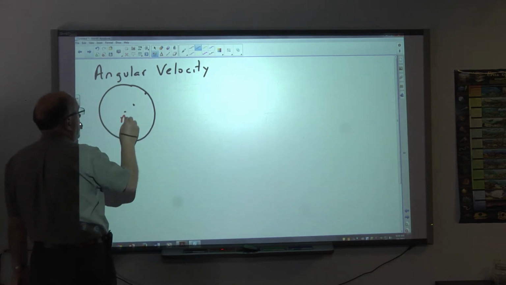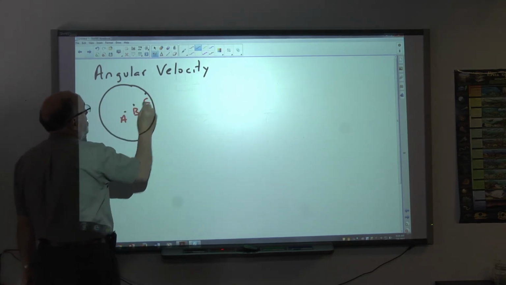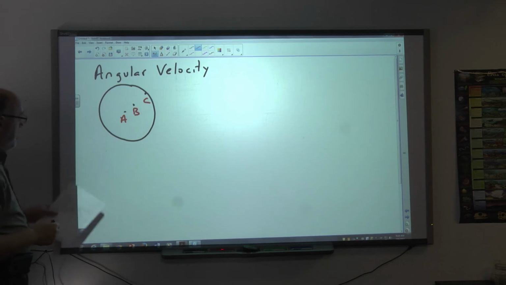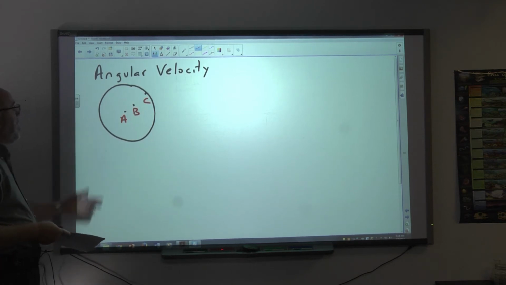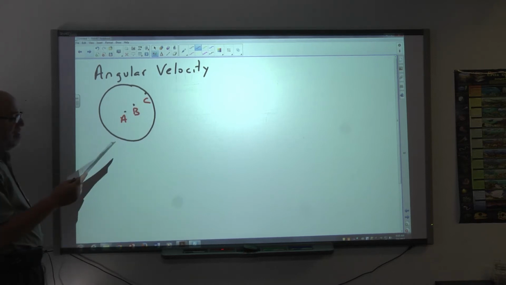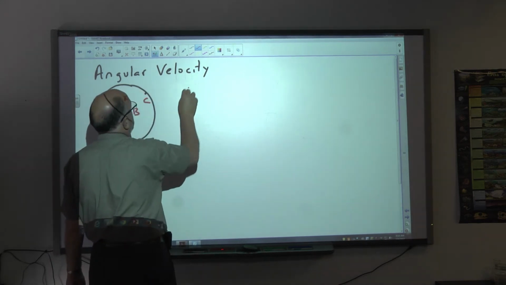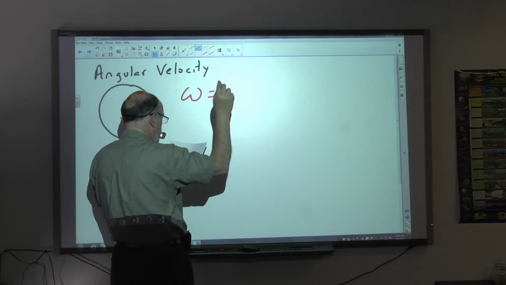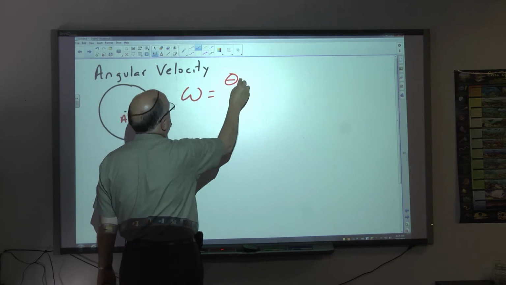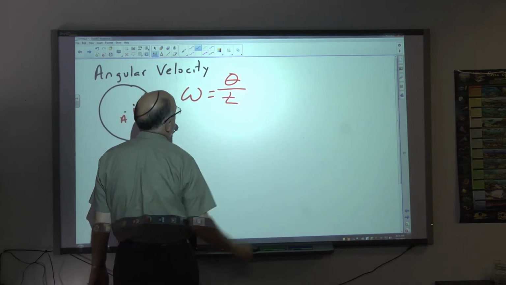So this is point A, this is point B, and this is point C. Okay? And I said, well, which one is turning faster, having faster velocity? Well, A looks like it really is in the center of the circle, and so that would have the lowest angular velocity, have none, and then C would have the highest angular velocity because it is at the edge. Okay? So angular velocity, and the symbol for that is given by theta, the angle, divided by the time, t.